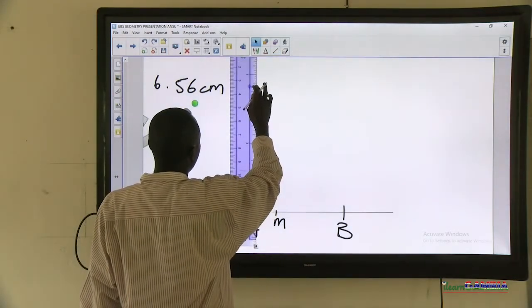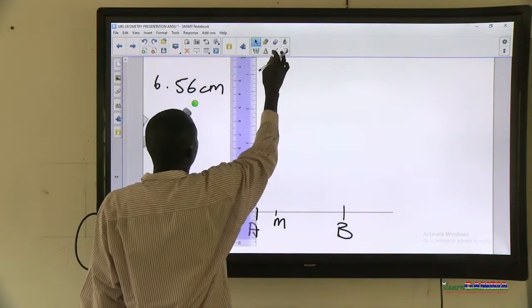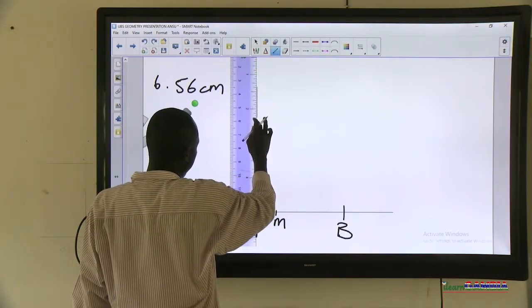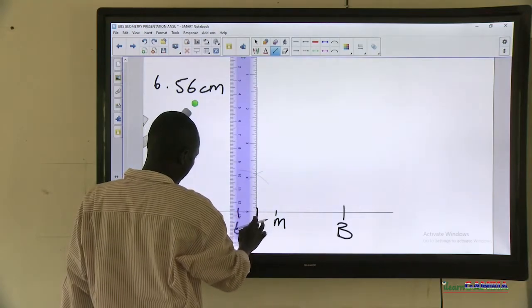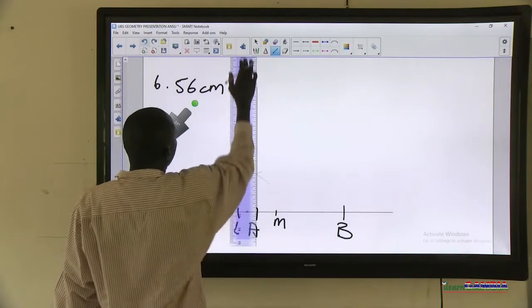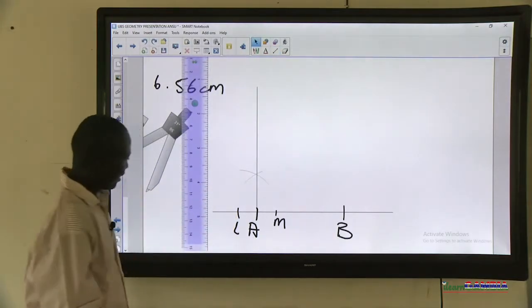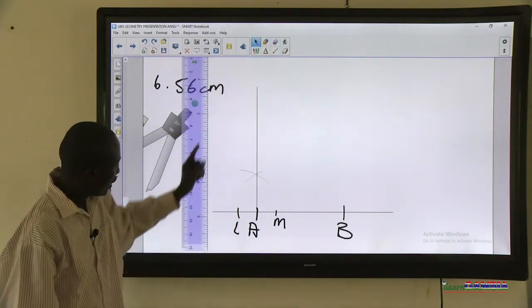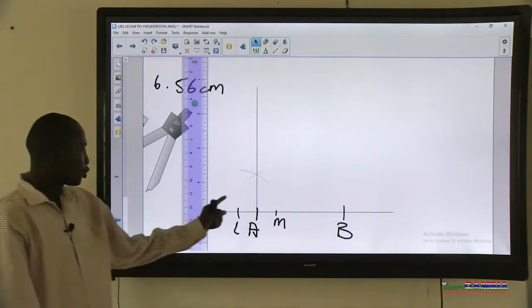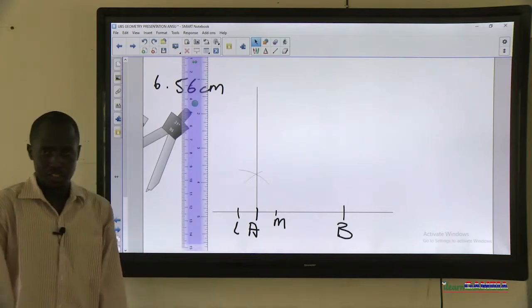I draw a straight line. That line and line AB are perpendicular. The angle so formed is 90 degrees.